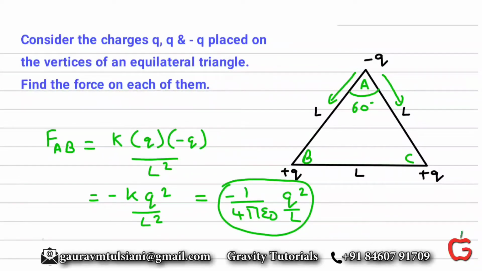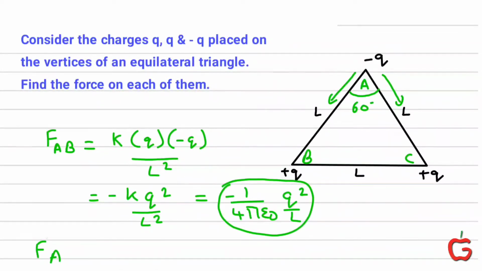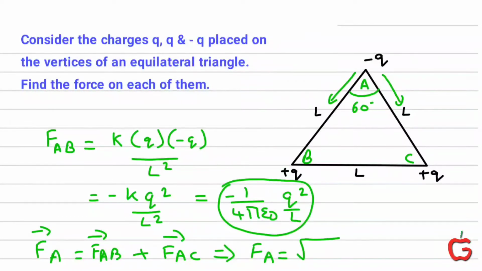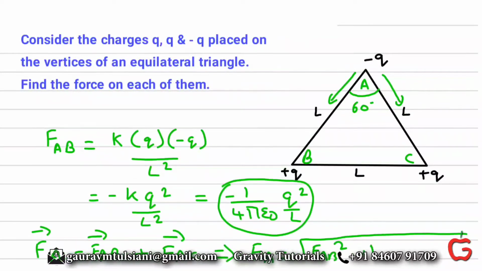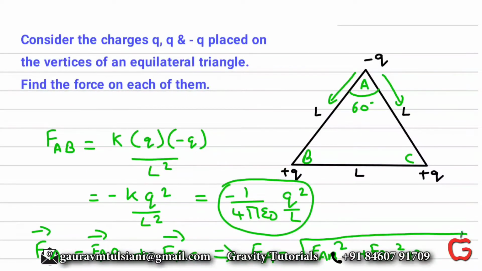So the net force on A is the vector sum of force on A by B and force on A by C. Therefore, the magnitude of this force on A would be the vector sum, that is root of FAB square plus FAC square plus 2 FAB FAC times cos theta.